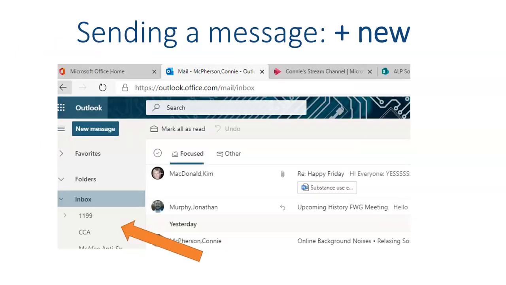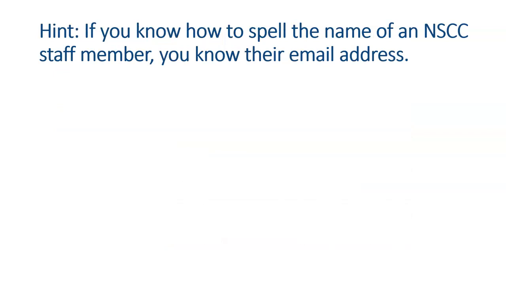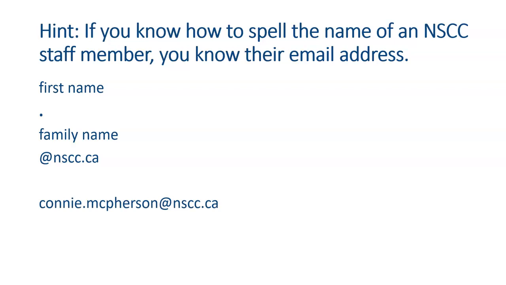So when you want to send a message, up there to your left, New Message. Now here's a hint. If you know how to spell the name of an NSCC staff member, you know their email address already. So the formula is first name dot family name @nscc.ca. So here's mine, Connie.McPherson@nscc.ca.